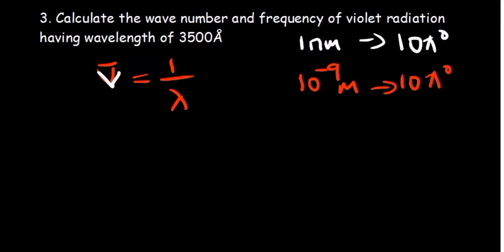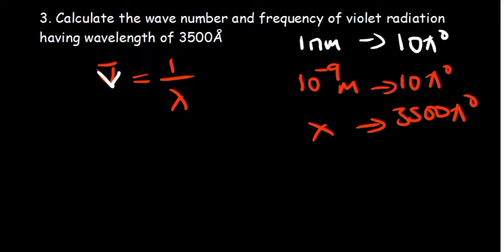So in this case, how many angstroms do we have? We have 3,500 angstroms. So we can multiply 3,500 by 10 to the power negative 9, divided by 10. What are we getting there?